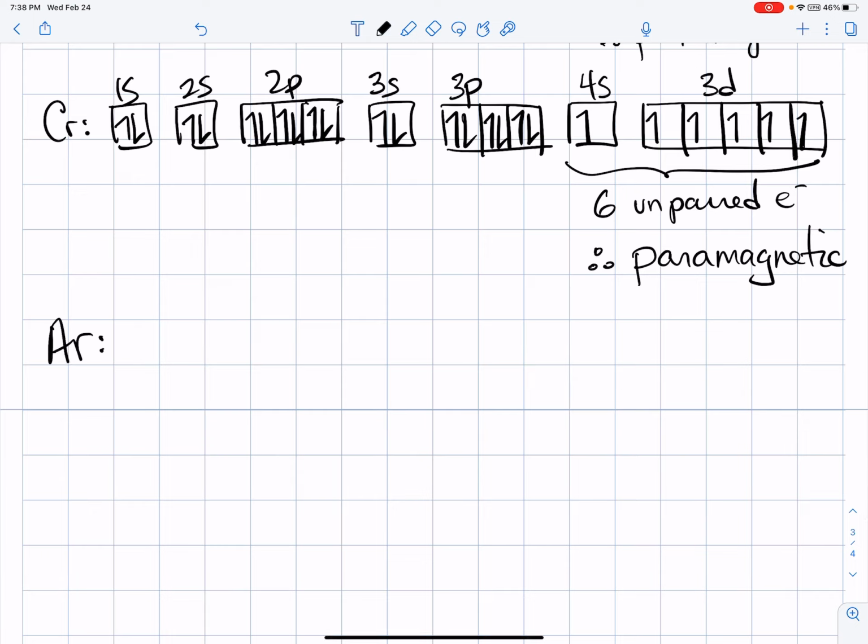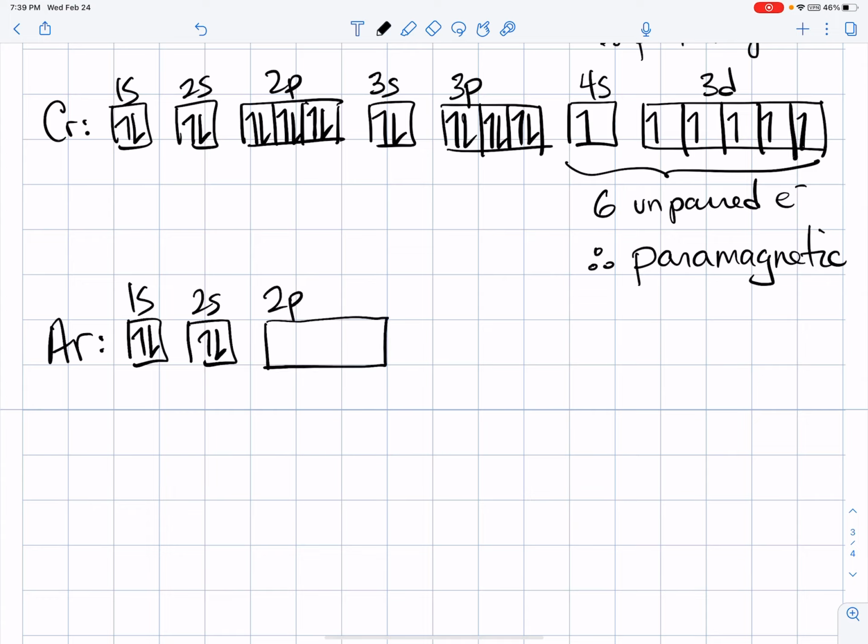Pause the video and see if you can do that yourself. So argon: 1s2, 2s2, 2p, 3 boxes, and 2p6.